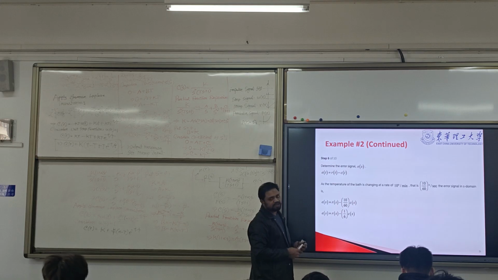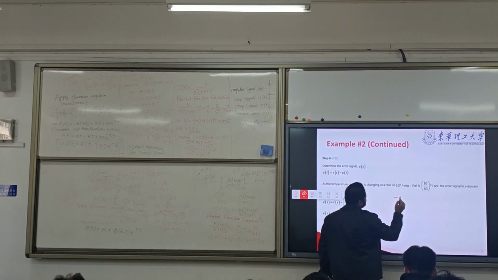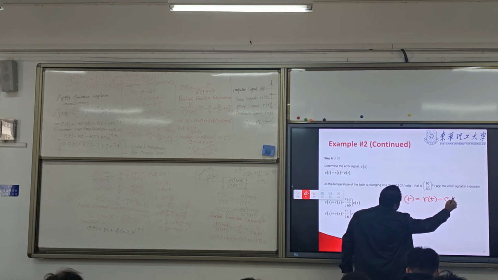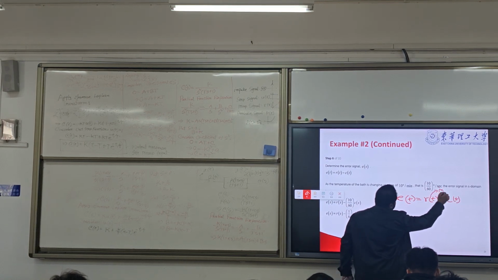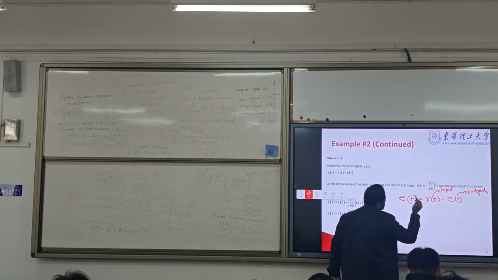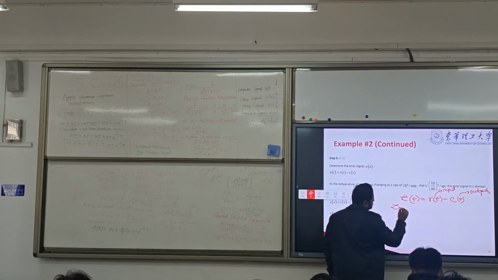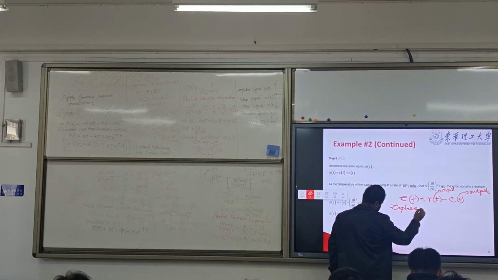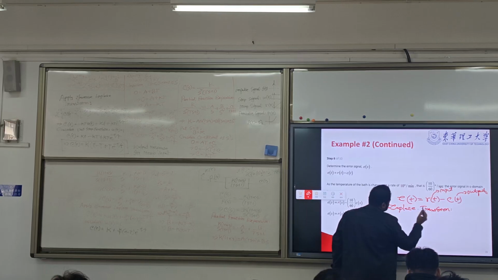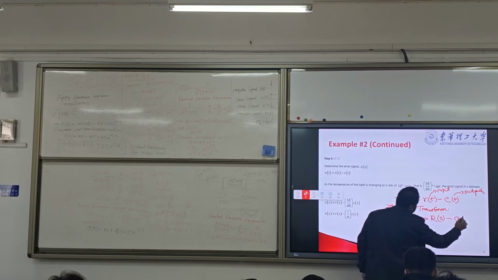Then we need to find the error signal. What is the error signal? Error signal e(t) is equal to r(t) minus c(t). What is this? r(t) is the input, minus the output. So apply the Laplace. If you do the Laplace of this, then E(s) is equal to R(s) minus C(s).